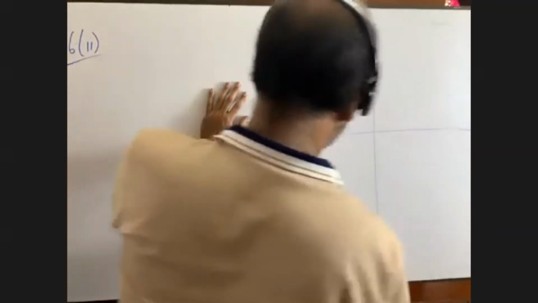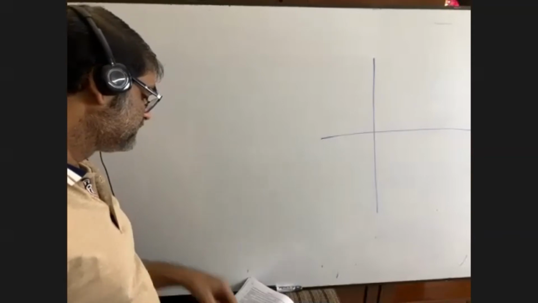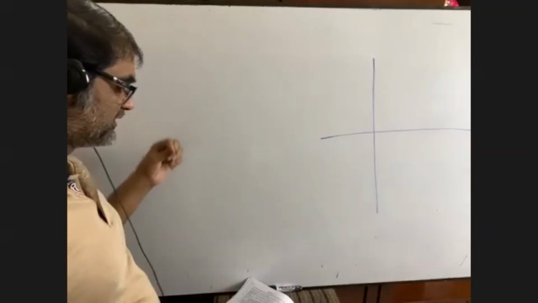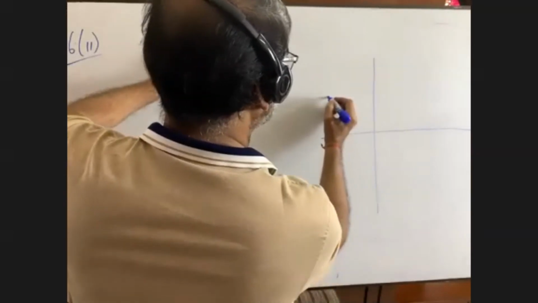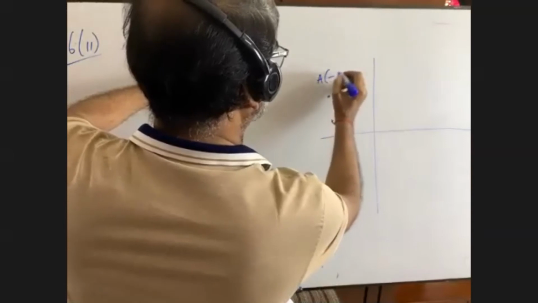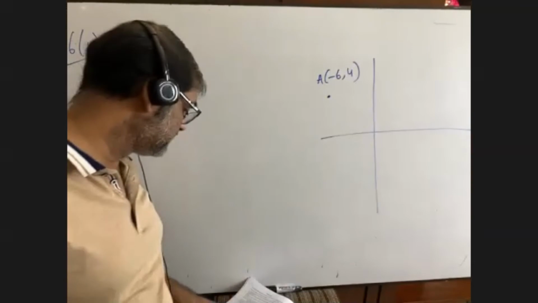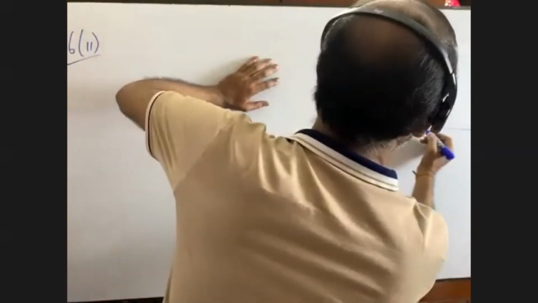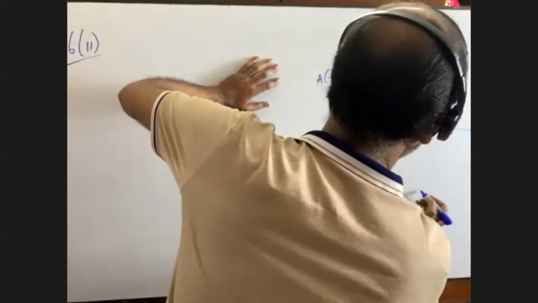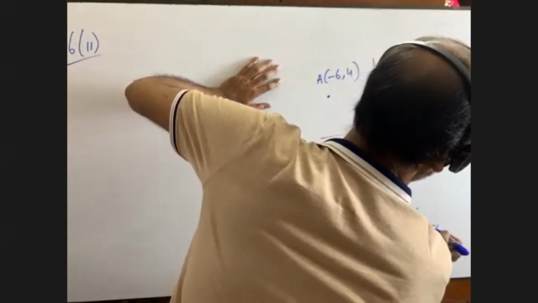Find the ratio in which the y-axis divides the segment joining A minus 6, 4 and another point given here, B, 8, minus 10.